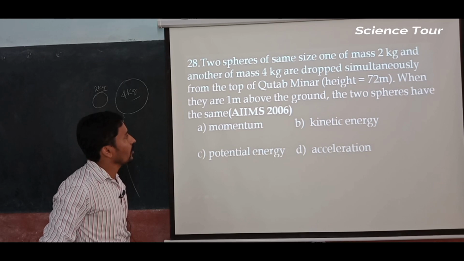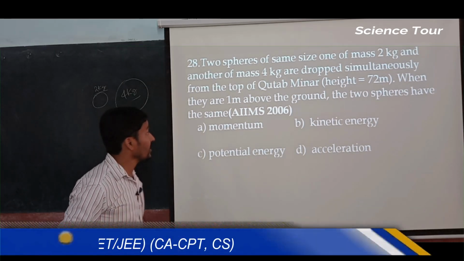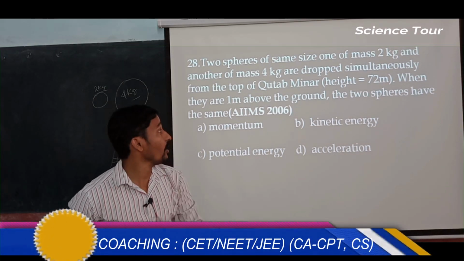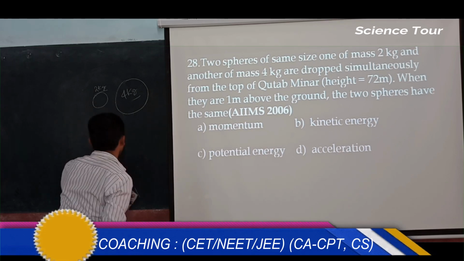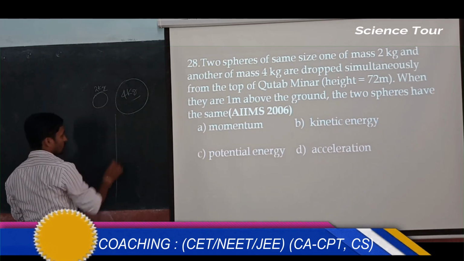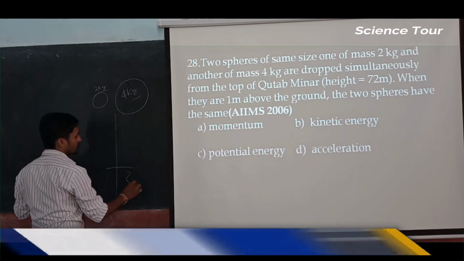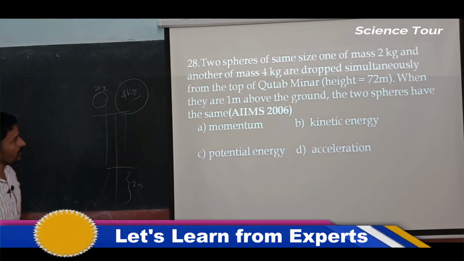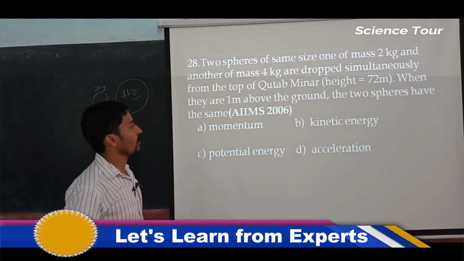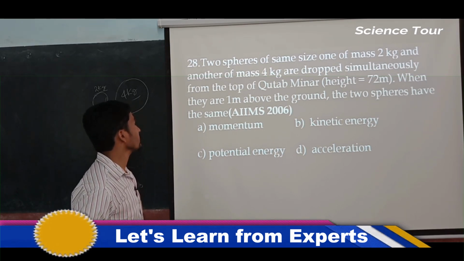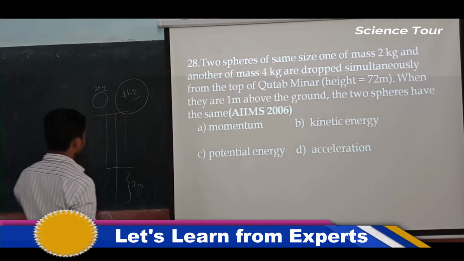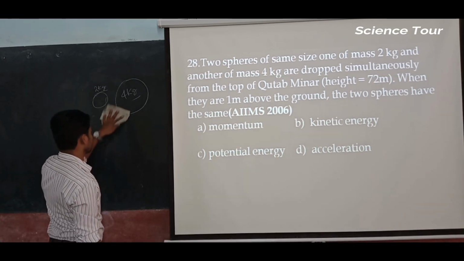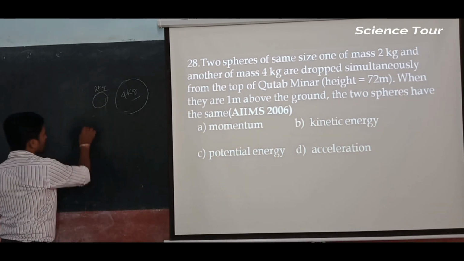So when they are 1 meter above the ground, both are reaching simultaneously. When they are 1 meter above the ground, the 2 spheres have the same... Momentum means what?